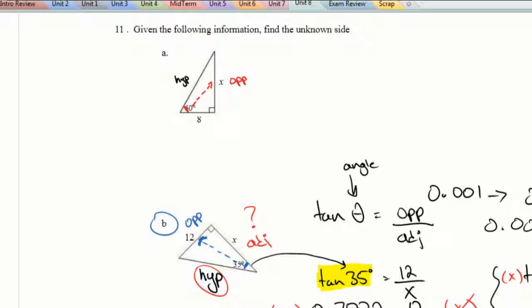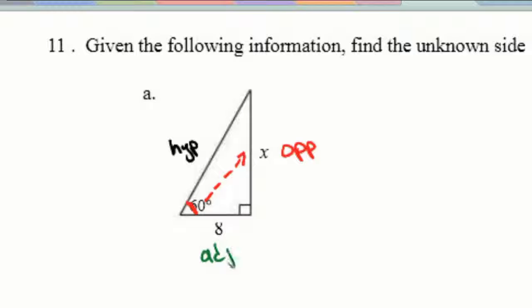And that leaves the bottom here as the adjacent side, and the adjacent side forms the angle with the hypotenuse. What do I need? What do I know? The question asked me to find the opposite side, because that was the unknown. I know the adjacent side is 8, so I have the opposite and the adjacent.